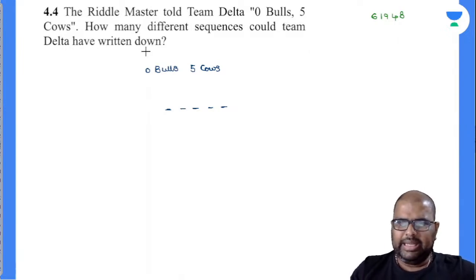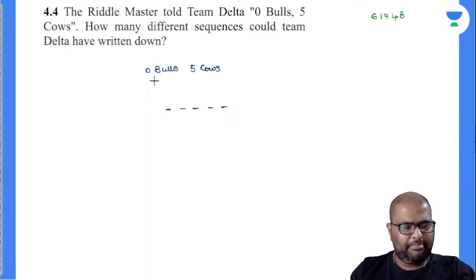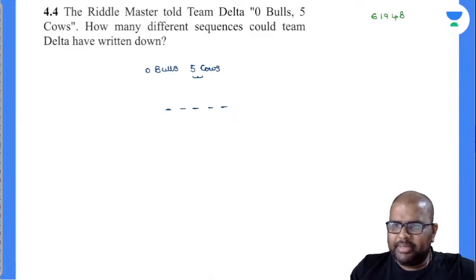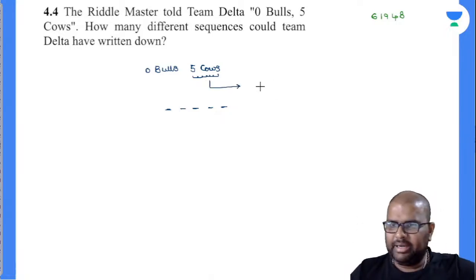Now see here, he didn't identify a single number and their correct position also. Now he identified the numbers, but he didn't identify the correct positions. Is it nothing but called, he identified all the numbers correctly, but their positions wrong. So it is nothing but called a derangement of 5. So derangement 5 is nothing but, right?